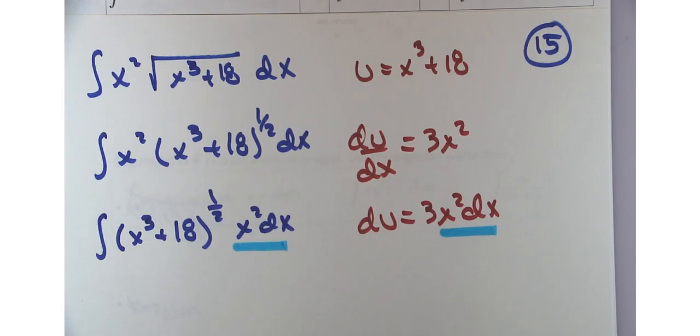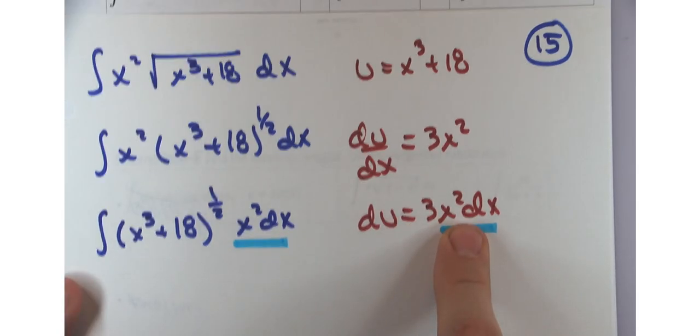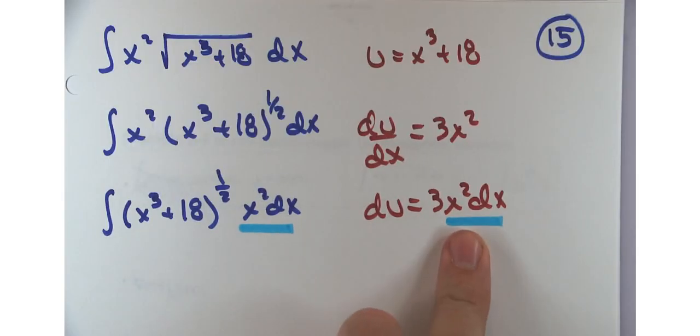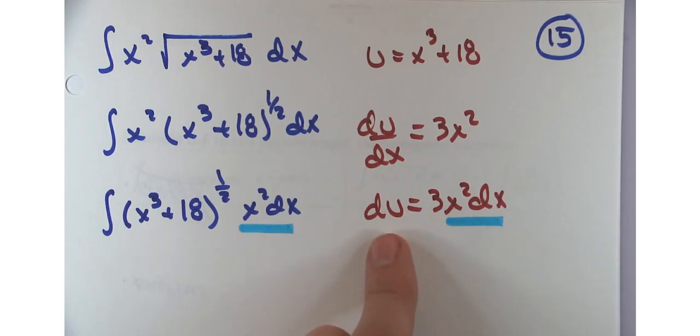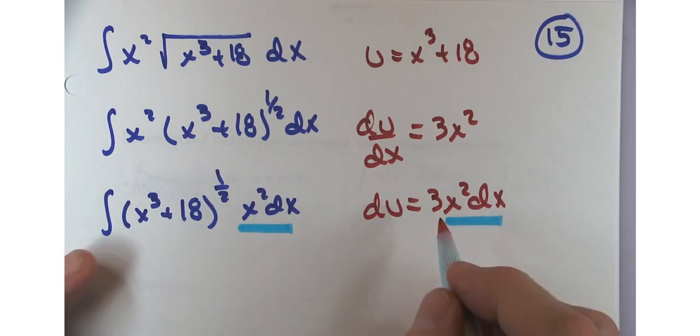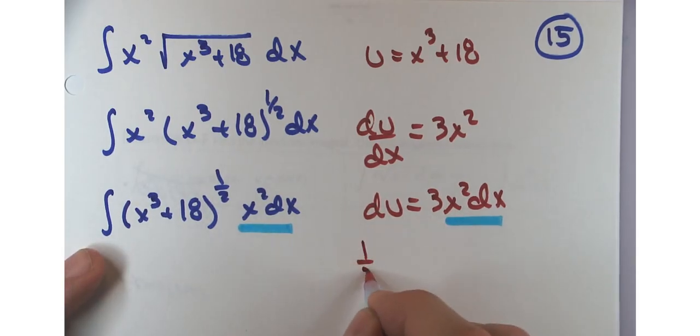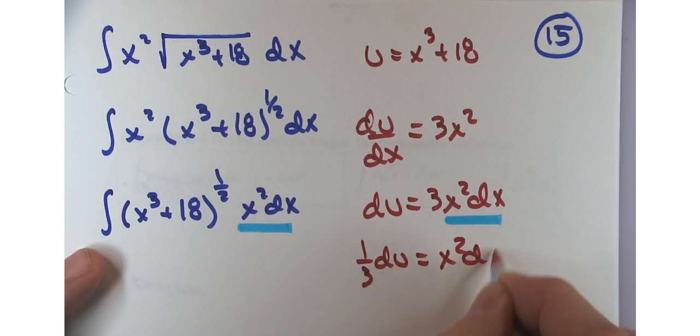Those are actually pretty similar. The only difference is here I've got a 3 and here I don't. So what I like to do is solve for that missing piece, or solve for what I actually have here. Now, there's a couple ways you can think of it. You can think of dividing by 3. I prefer to multiply by the reciprocal, so that's going to be 1/3 du equals x squared dx.